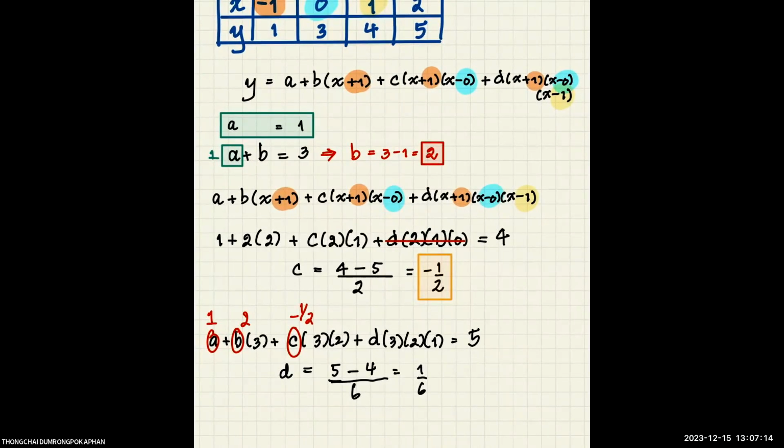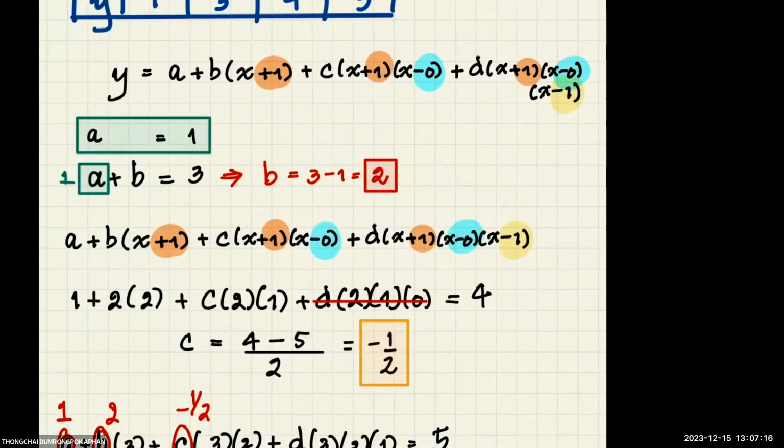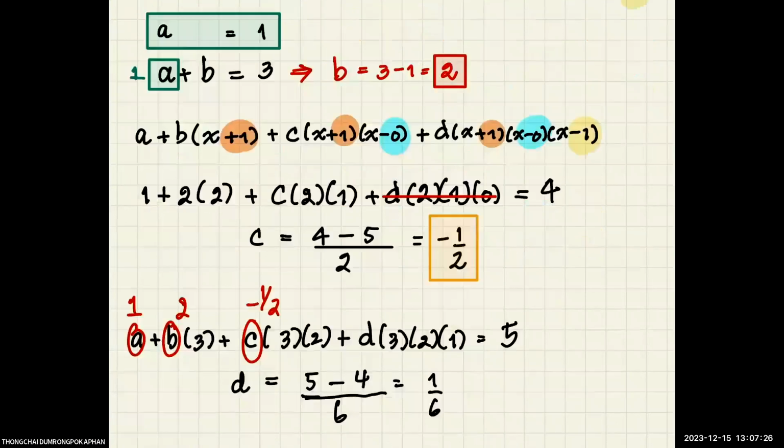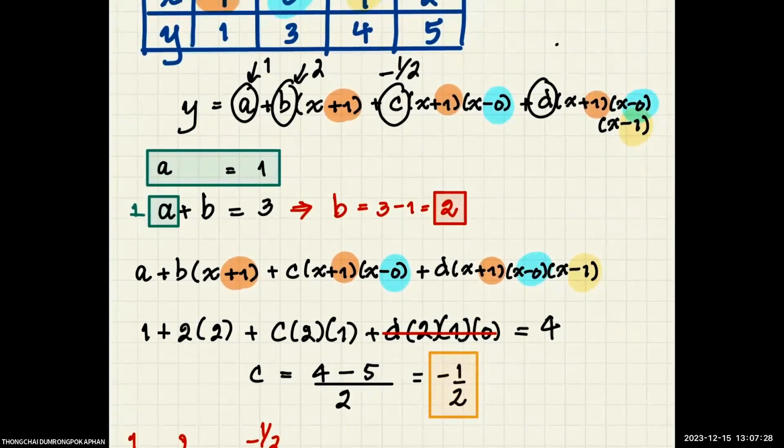You plug in the values: A is 1, B is 2, C is -1/2, and D is 1/6. Okay.